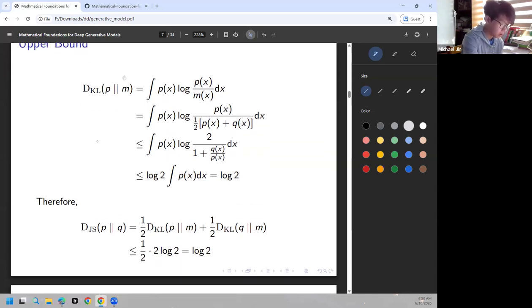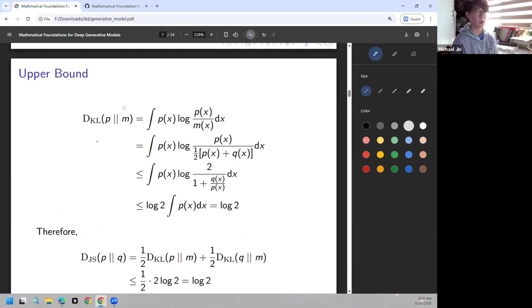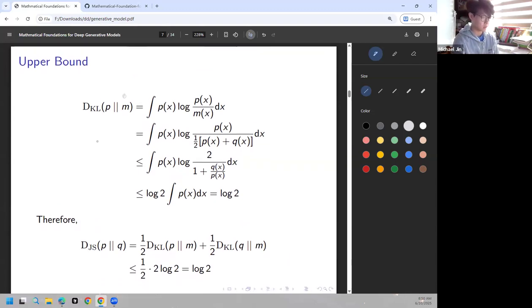So it will cover some point between P and Q, which means M will never be 0 at some point if we assume P is never 0, since we want P to be the optimal one of all distributions. It should be continuous with a very good shape of the probability density function. And here you can see it takes the integral of P times log P over M, where M is half of P plus Q.